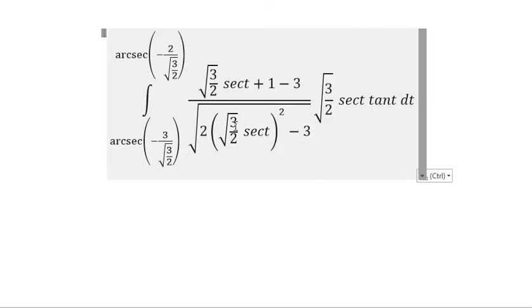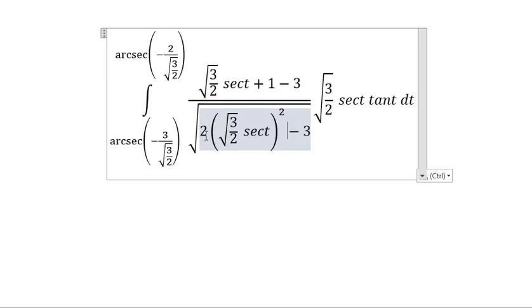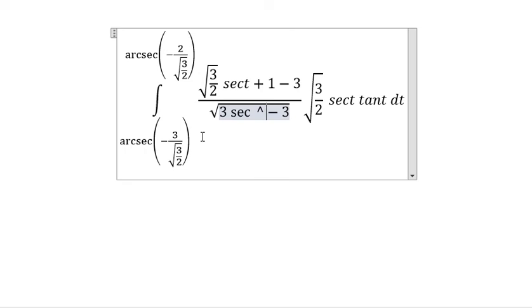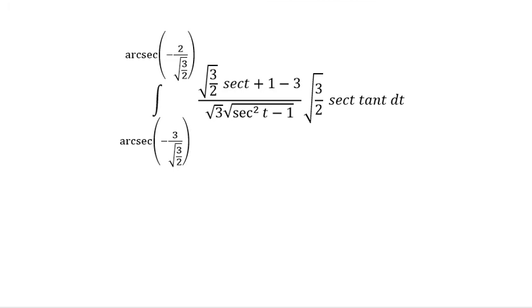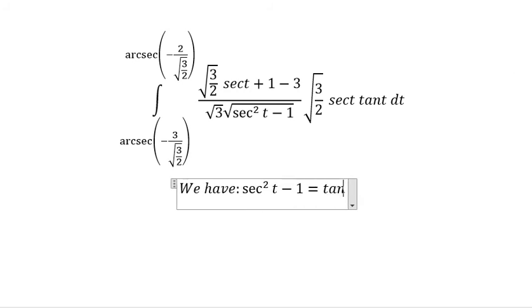This one you will go about 3 over 2 secant t squared. So we go about number 2 and number 2, so you go about 3 secant t squared. We have the square root of 3 we put outside. Next, we have secant t squared minus 1, you will go about tan t squared.